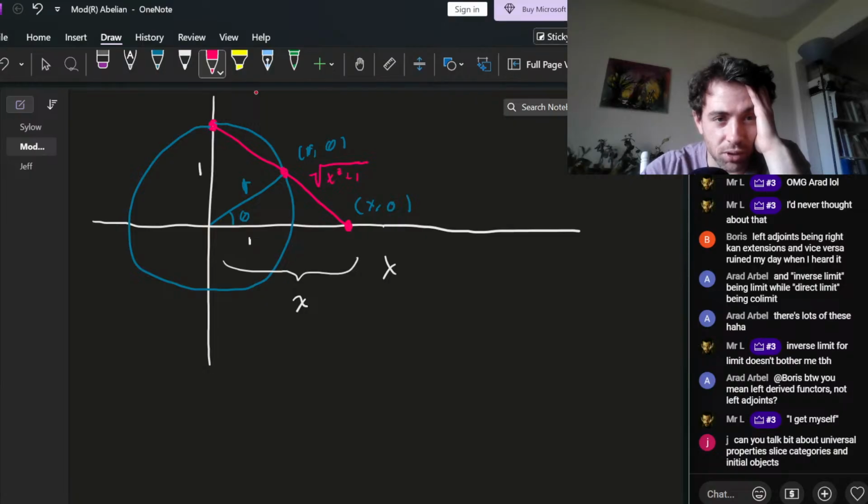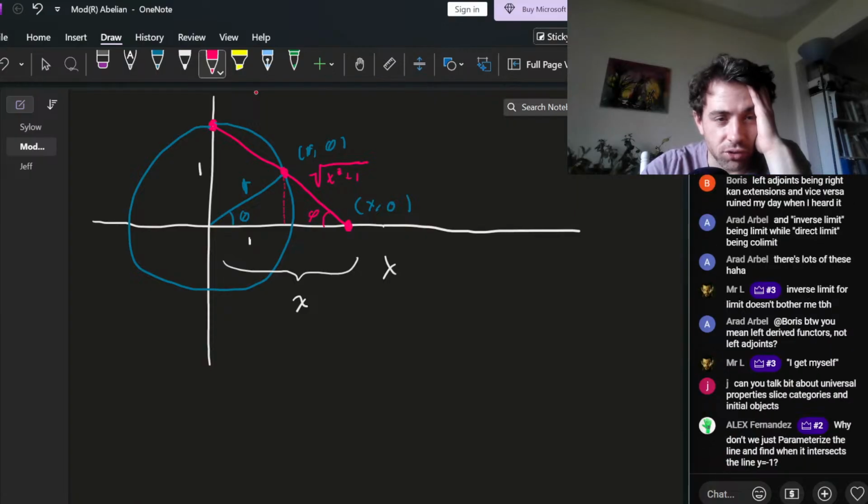If we use the similarity of triangles somehow, like this angle, I don't know, call it phi. Well, if we look at this, it is a similar triangle to here, right?